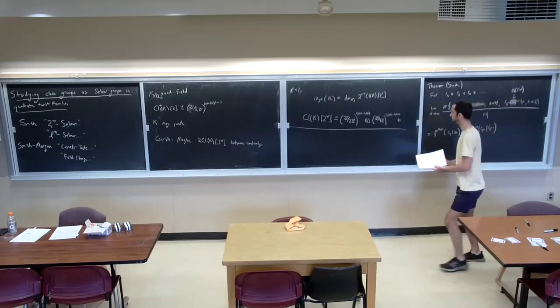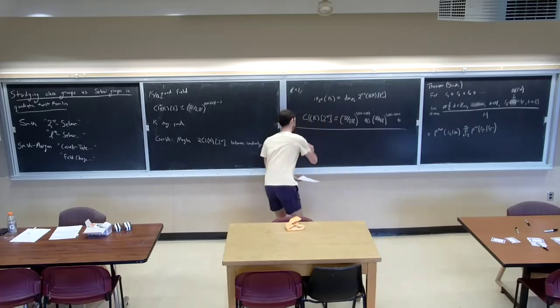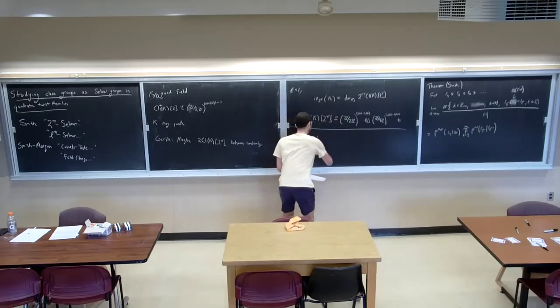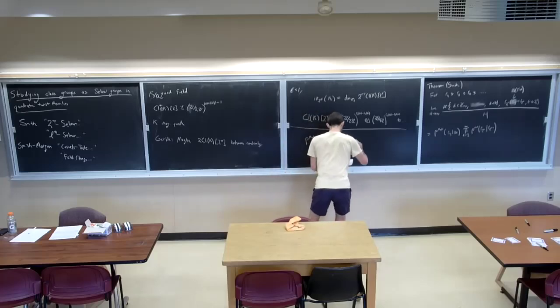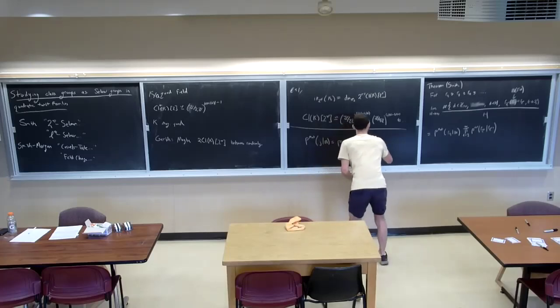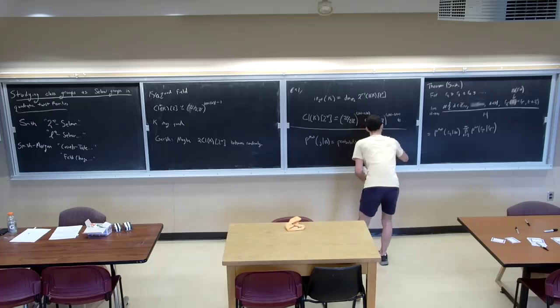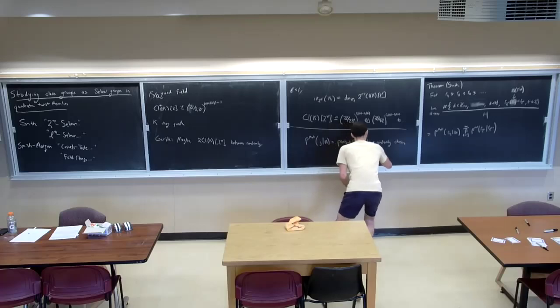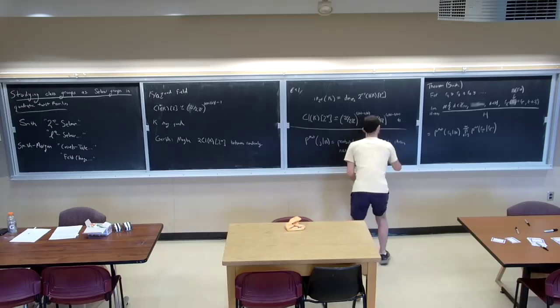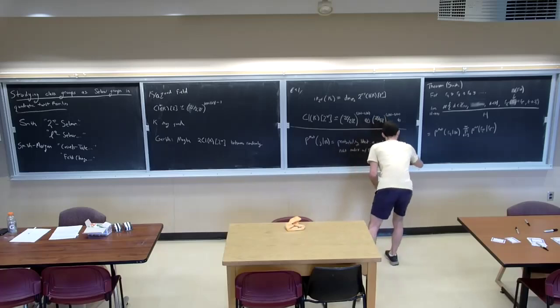Okay, and this p mat looks quite a lot like something that Alex defined in his first lecture. It's the probability that a randomly chosen n by n matrix with F2 coefficients has kernel of rank j.